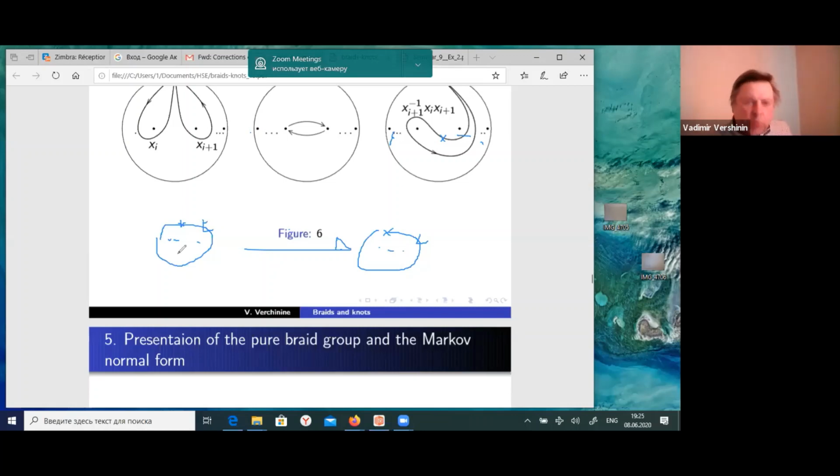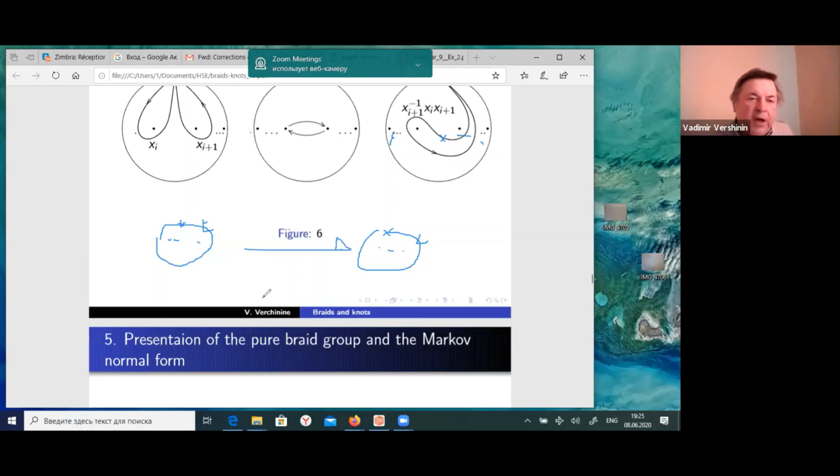And following this consideration, this will be exactly the braid group. The previous form of the automorphism of the free group is the algebraic side of this topological form of the isotopy of punctured disks.